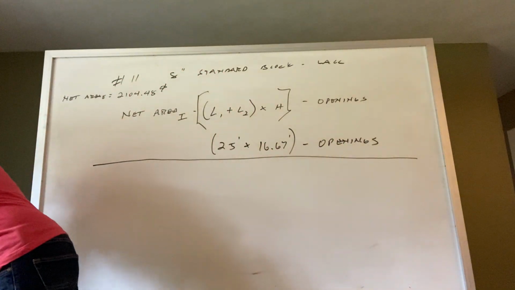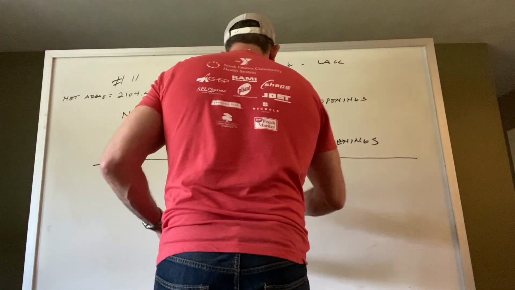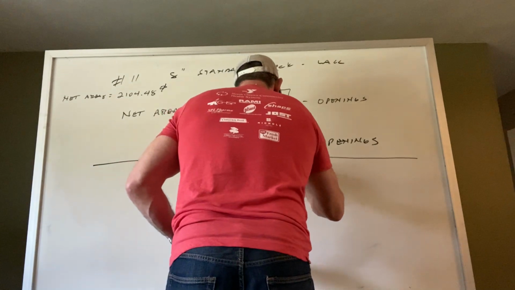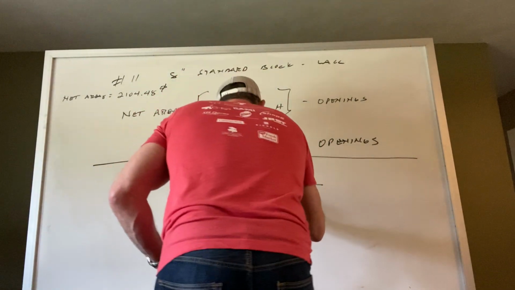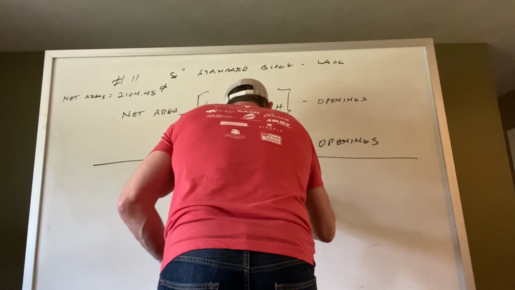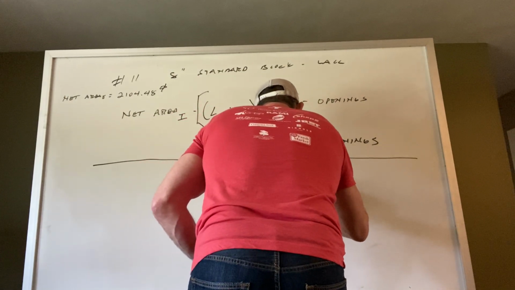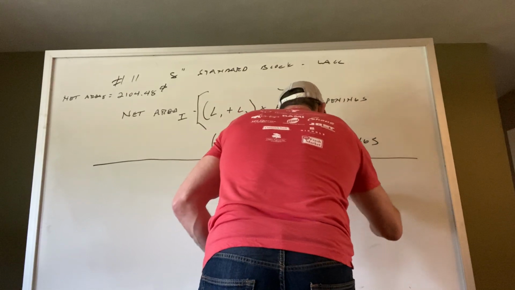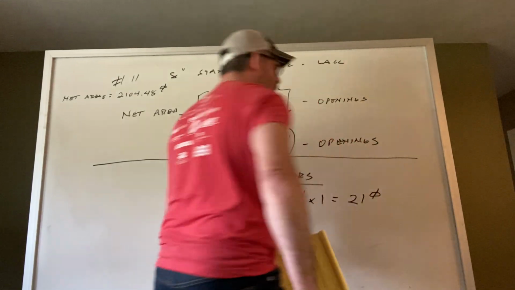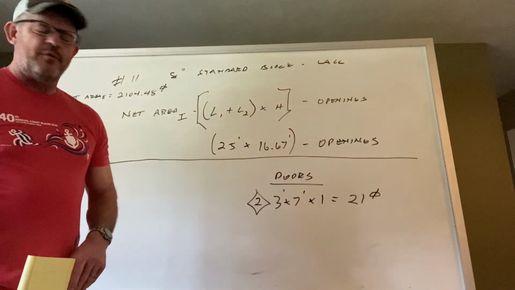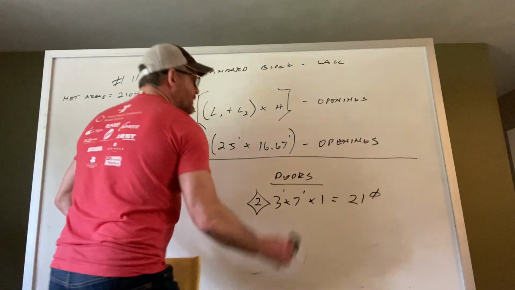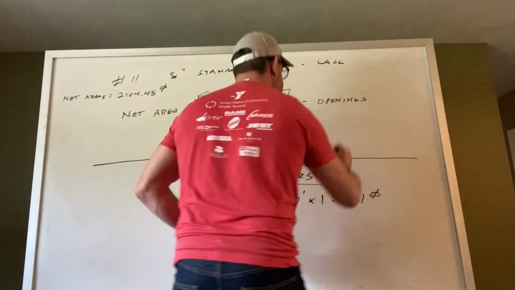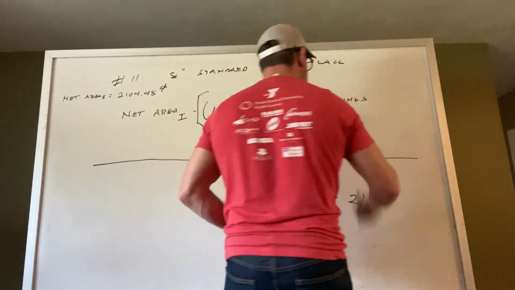I already saw in my schedule, I can go back to the schedule if I need to, the only door I'm concerned with is 3 by 7, and I have one of them. So I have 21 square feet of opening for my interior openings. So now that number becomes 21 square feet.